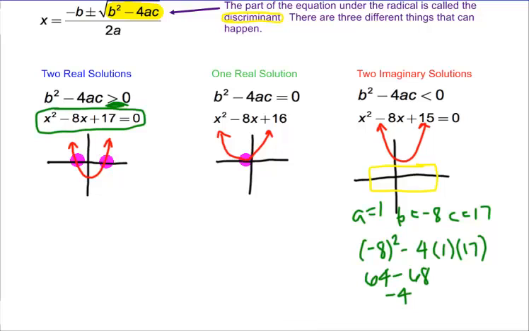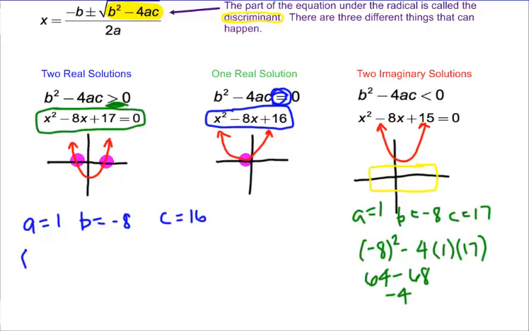Let's look at a different one. What about this one right here? x squared minus 8x plus 16. Now what we're looking for is if it's equal to 0, we'll just have that one solution. So what would a be here? a would be 1, b would be negative 8, and c would be 16.